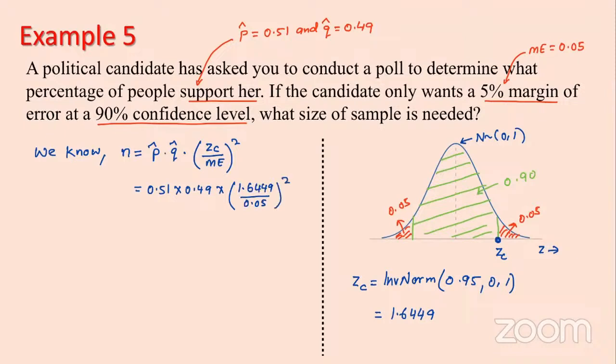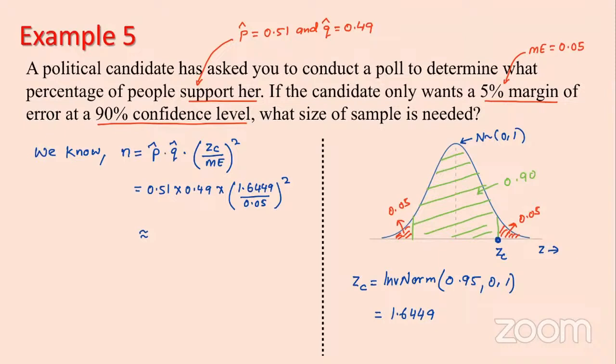Close the parenthesis and square it. Please type that, round it up, and tell me what you'll get. Remember, when you type it, make sure you put that parenthesis, type 1.6449 over 0.05 inside the parenthesis, then close the parenthesis and hence square it.